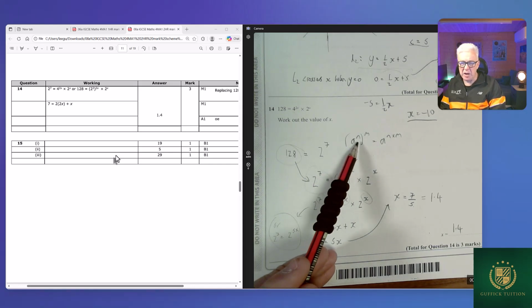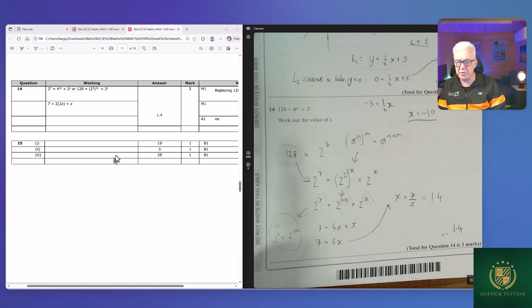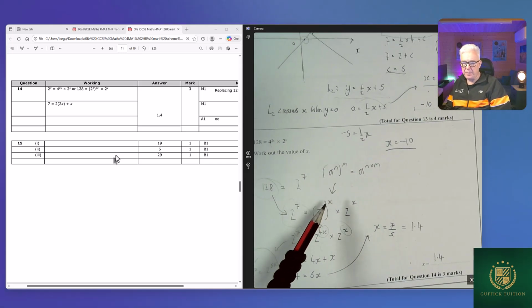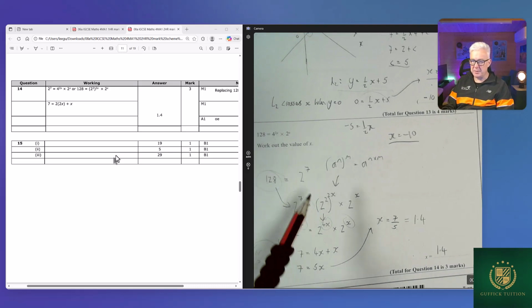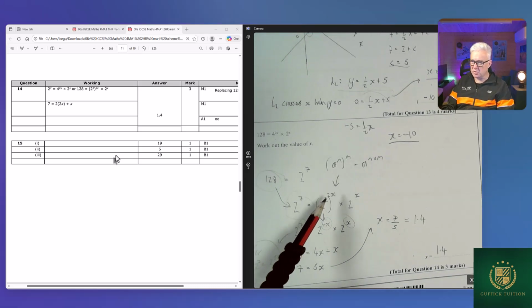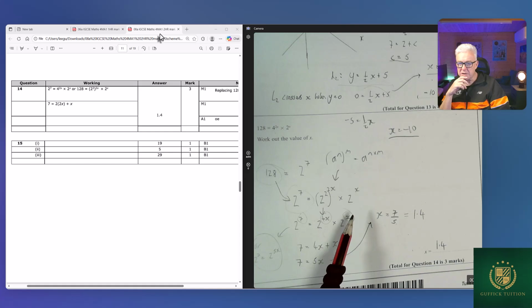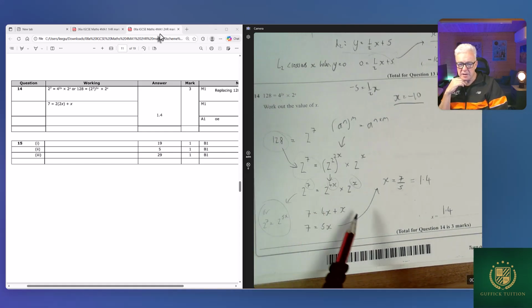But a power to a power becomes a product. In other words, 2 squared to the power of 2x is the same as 2 to the power of 2 times 2x, which is going to give us 4x there. So we have 4x there, and then we've got our 2 to the x there. Okay, so far so good.